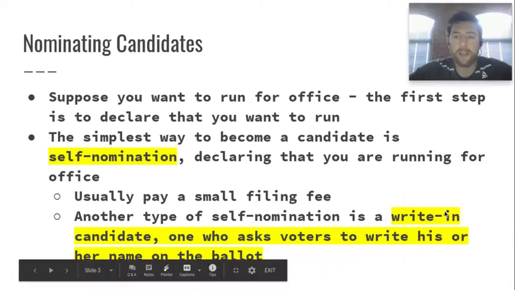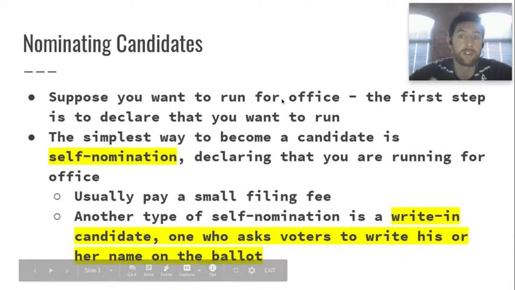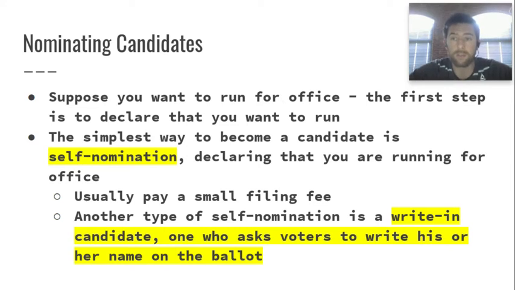So nominating candidates: the first step is to obviously declare that you want to run. You can't just do it in secret because then no one's going to know and no one's going to vote for you. So the easiest way is going through the self-nomination process, which means you are officially declaring that you are running for political office.